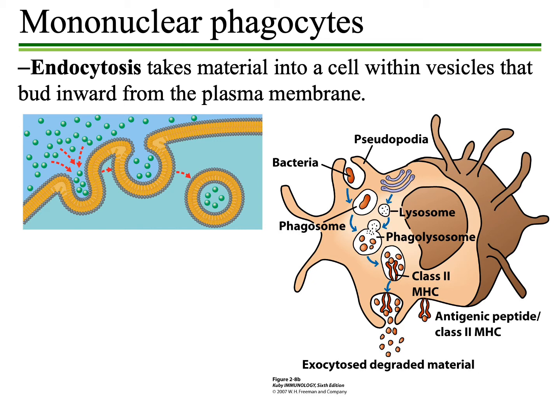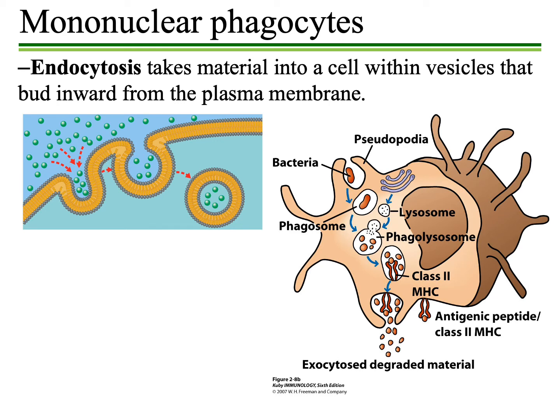The next step is for the phagosome to fuse with a lysosome. Lysosomes are organelles that are found in just about every cell type. They contain enzymes that help lyse or break apart large molecules. So in this case, the phagosome that contains the bacterium that was taken in fuses with the lysosome, and the enzymes found within the lysosome begin to degrade or break down the bacterial pathogen.